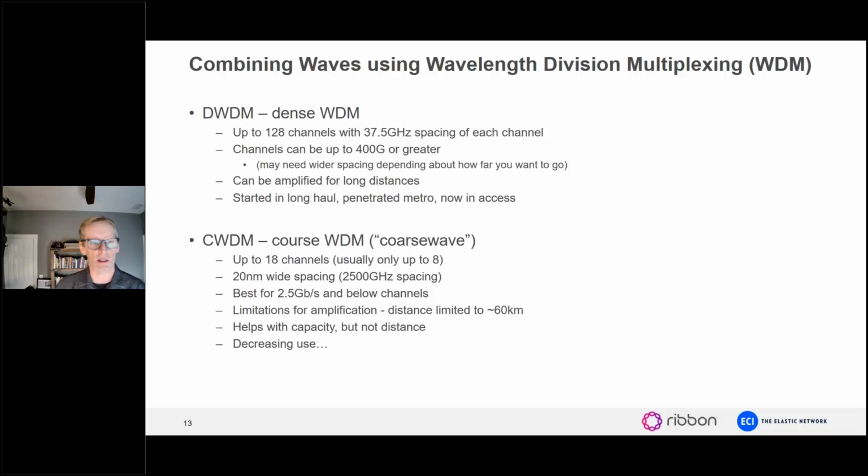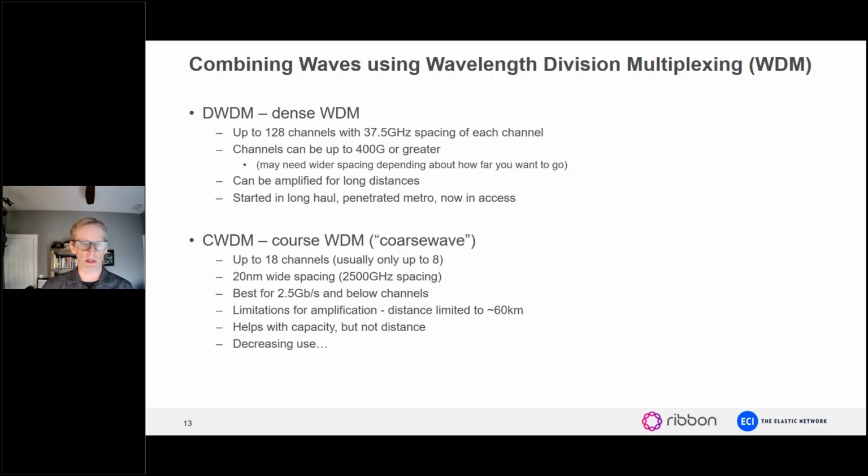DWDM, or dense WDM, is where people are going, and the big carriers have been here for a long time. It's just making its way to the rural environments. With DWDM, you can have 128 channels with very tight spacing, instead of 2,500 gigahertz, 37.5 gigahertz spacing on each channel. Depending upon the width, you can actually select that. The channels can be 400 gig in capacity on a single channel or greater.